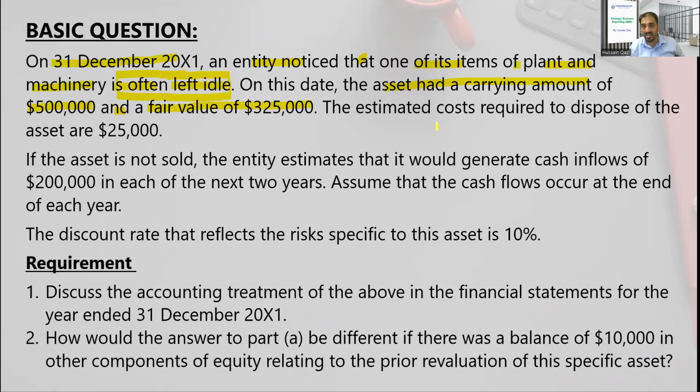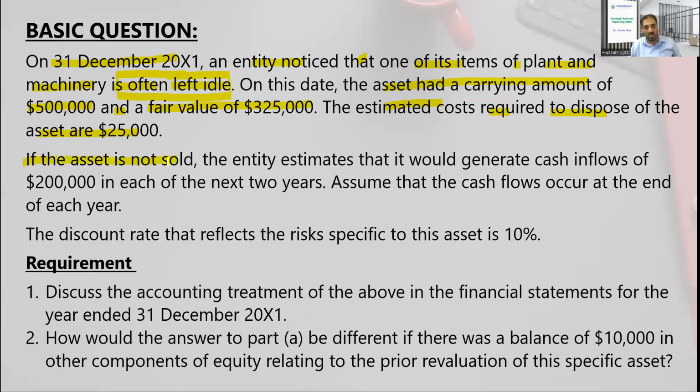It's an impairment indication. On this date, the carrying amount is 500,000, fair value of 325,000. Estimated cost required to dispose of the asset 25,000.